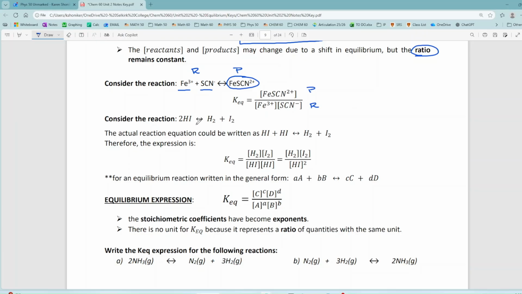Let's look at another one. So if I have 2 HI forming H2 plus I2, I just pause because I feel like I should say the actual names, but sometimes that gets bogged down. So we've got our reactants and we've got our products. If we look at this, we have two HIs on the left, which could be written as HI plus HI.